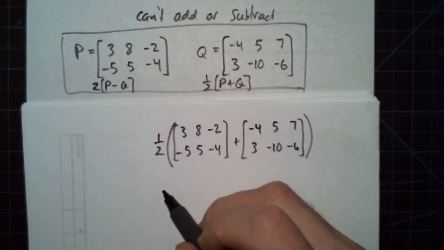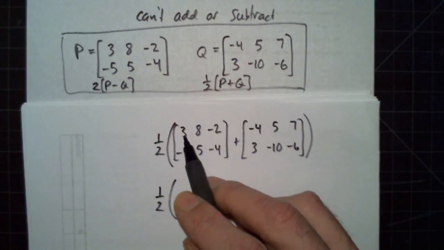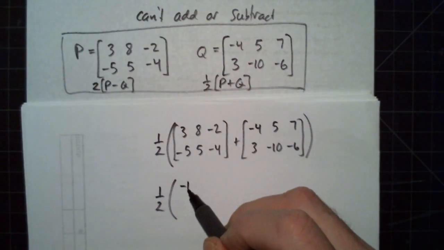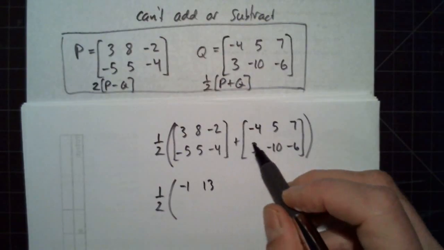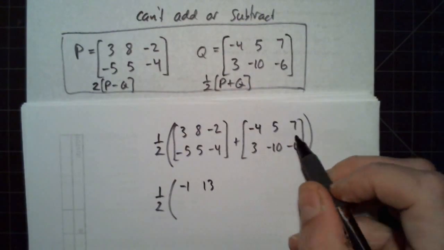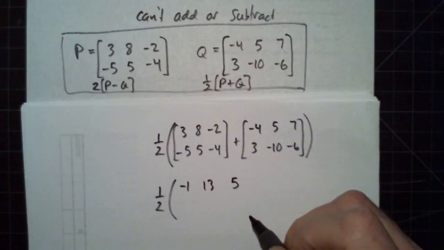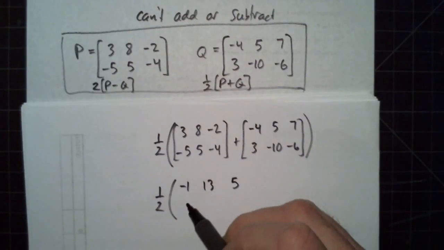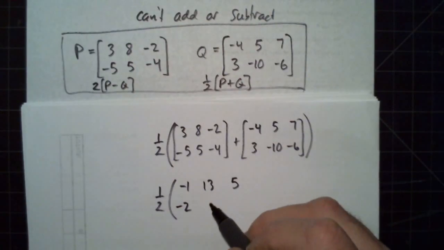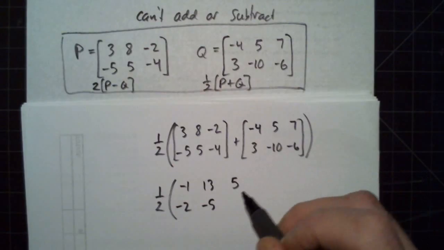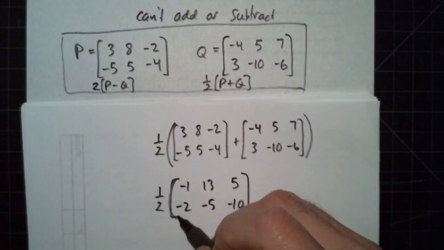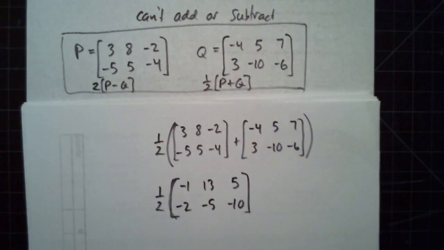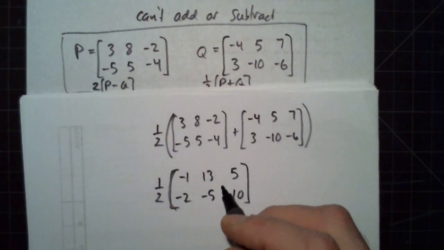So we'll do the addition and then multiply. 3 plus negative 4. 8 plus 5. Negative 2 plus 7. And then we'll go negative 5 plus 3, 5 plus negative 10, negative 4 plus negative 6. Multiply everything by 1/2.